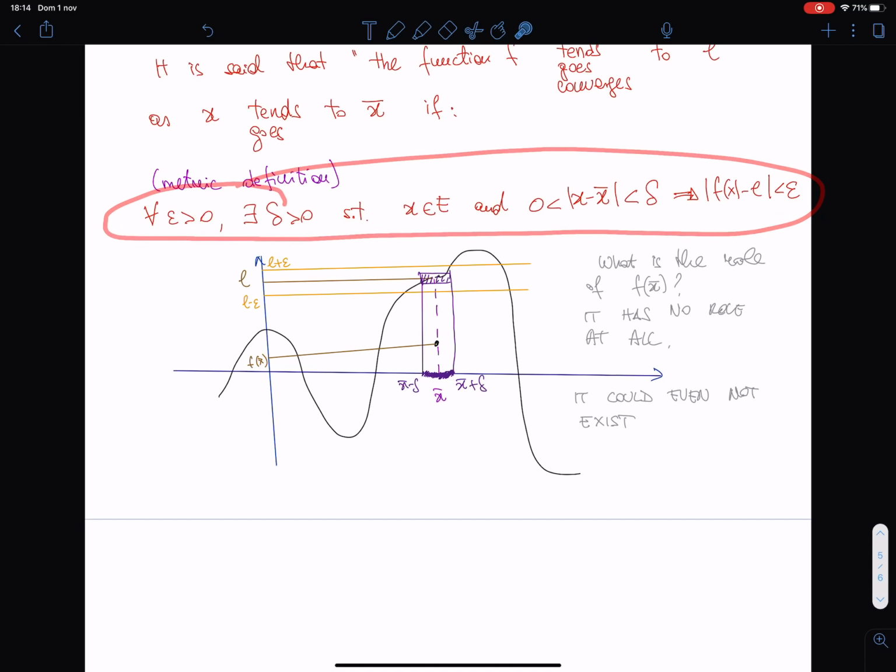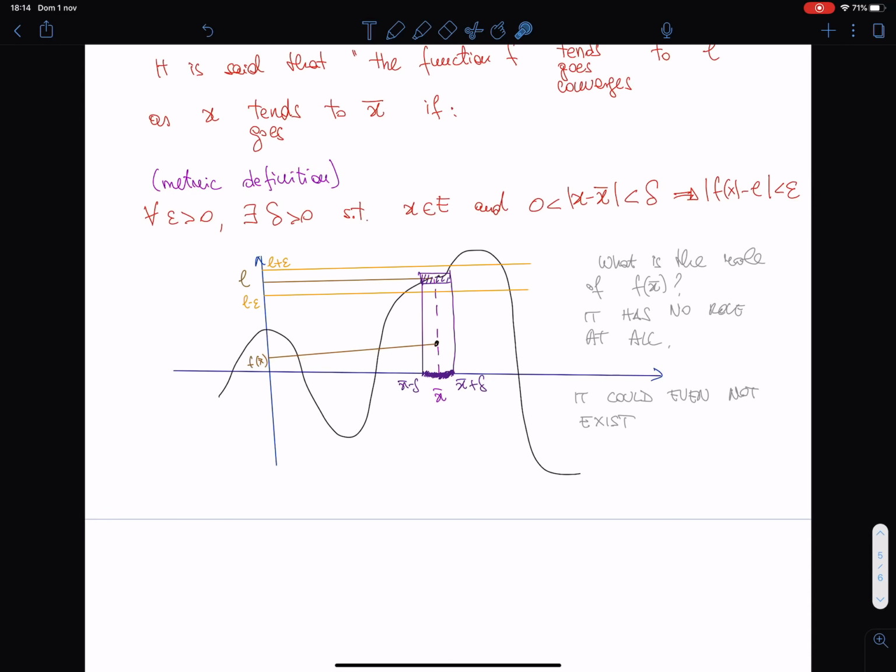This is why I put here this absolutely nonsense point. Nonsense in the sense that it has no relationship with the limit. F of x bar is not here in the definition. Here we just have f of x, but for x that cannot be x bar.